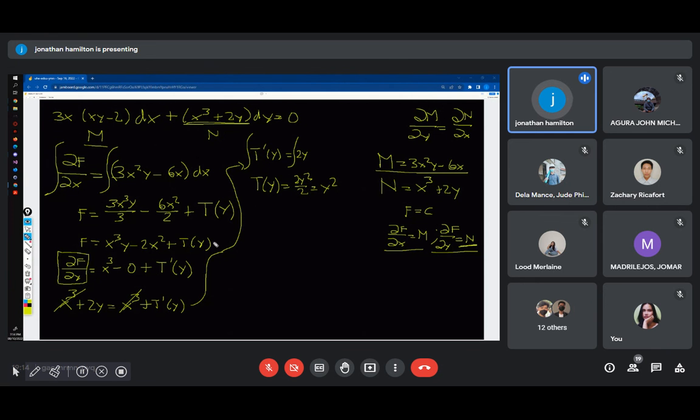Since na natin y squared, we can then say kanina equation, we can simplify this by saying f is equal to x cubed y minus 2x squared plus atong t of y, which is y squared. Atong value of f is our arbitrary constant, so this then becomes c is equal to x cubed y minus 2x squared plus y squared. Then this will become our final answer.